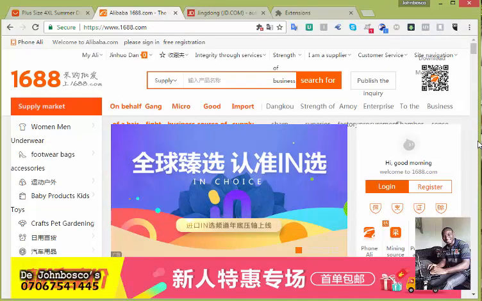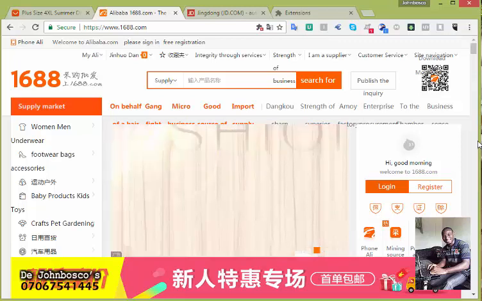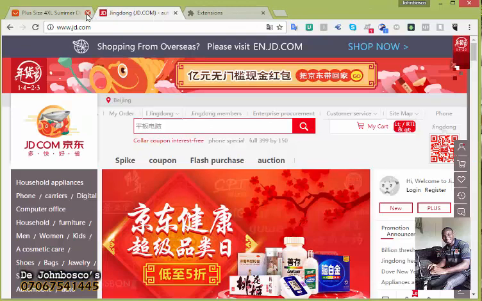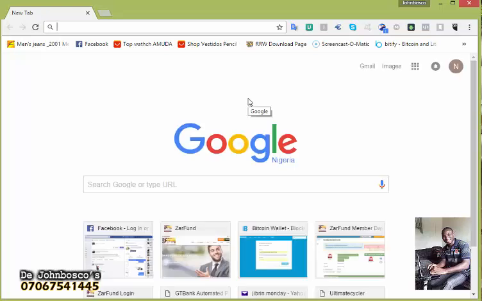I would want us to quickly look at shopping from the US. You see, US sell quality products. But you need to also be aware that over 80% of the quality products you buy in US are made in China.